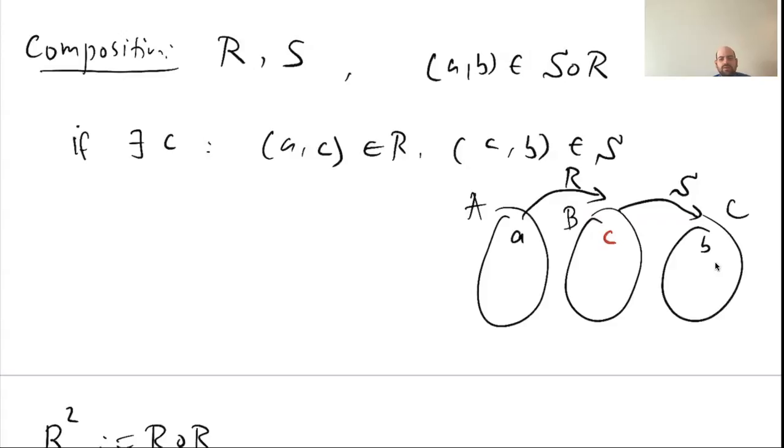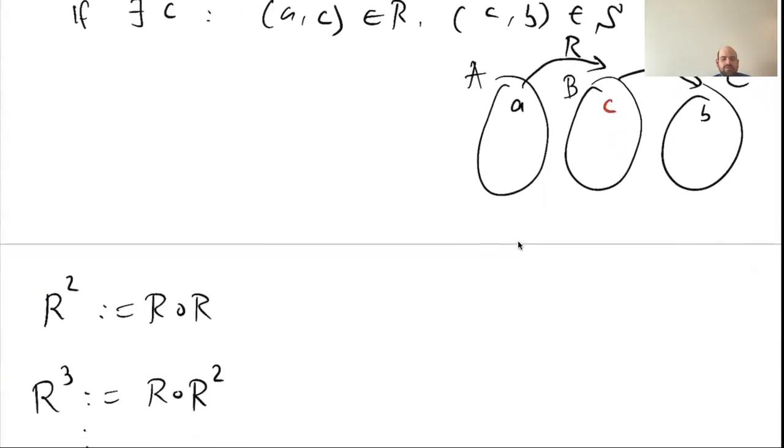Okay, so for example, when can I say (1, 3) is in S∘R? If there is some element c, for example, let's say 2. If (1, 2) is in R and (2, 3) is in S, then I can say (1, 3) is in S∘R.